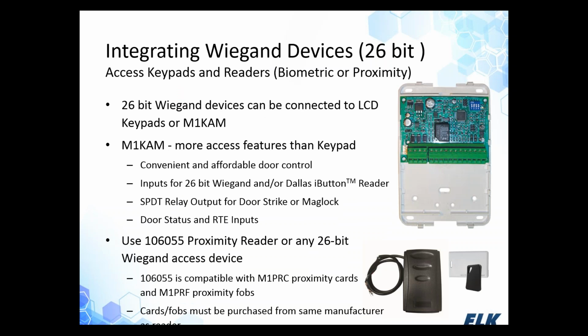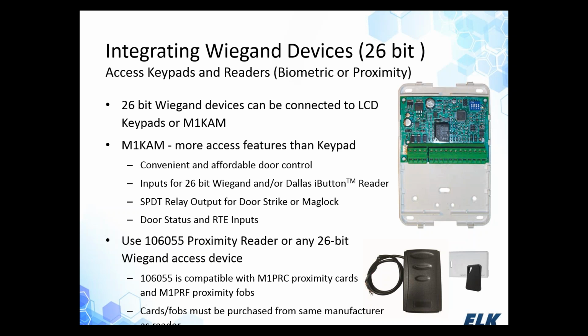So you could mount this in the drop ceiling, and it has a convenient place to hardwire your 26-bit Wiegand reader or your Dallas iButton reader. It has a single pole double throw relay on board to control your door strike or your mag lock. It also has a door status and request to exit input built into the board.